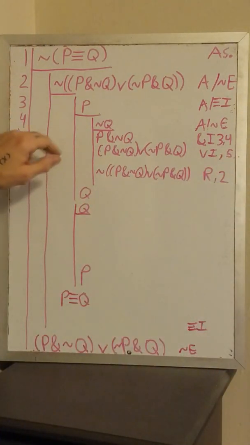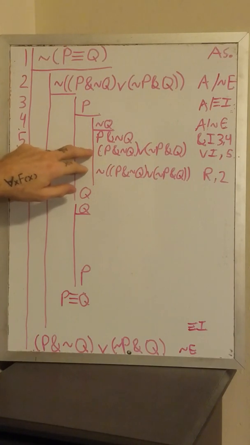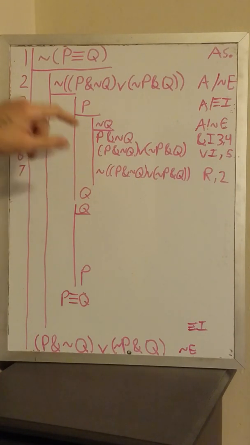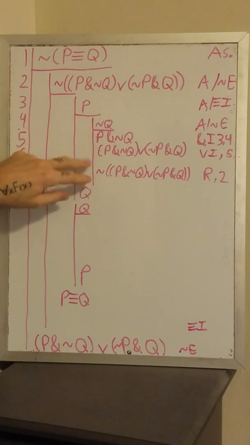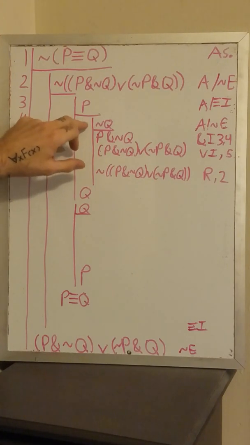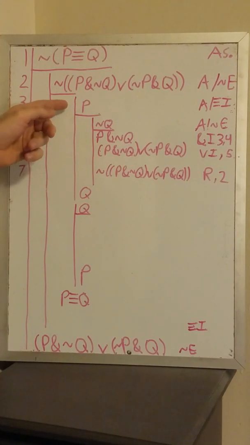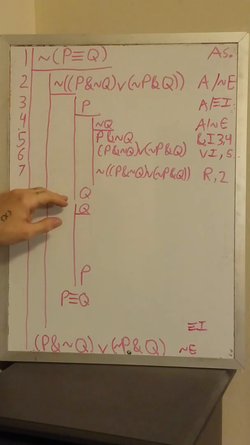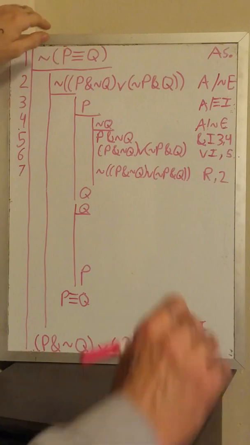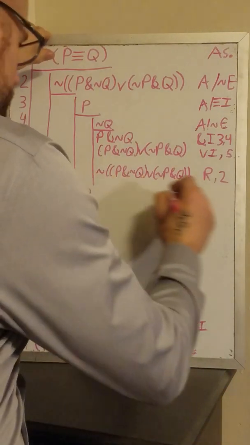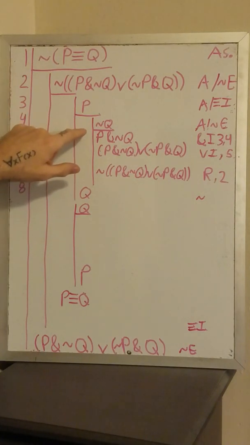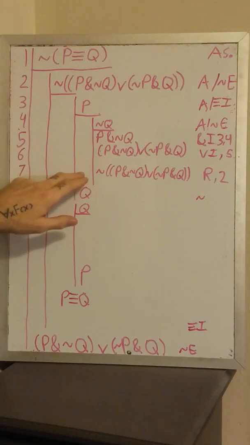That's reiteration from line 2, and so now we have two opposite things together in this subderivation. Based on this contradiction, we know this cannot be the case, at least on the assumption that P. So if P, then Q. We got Q by negation elimination on lines 4 through 7.